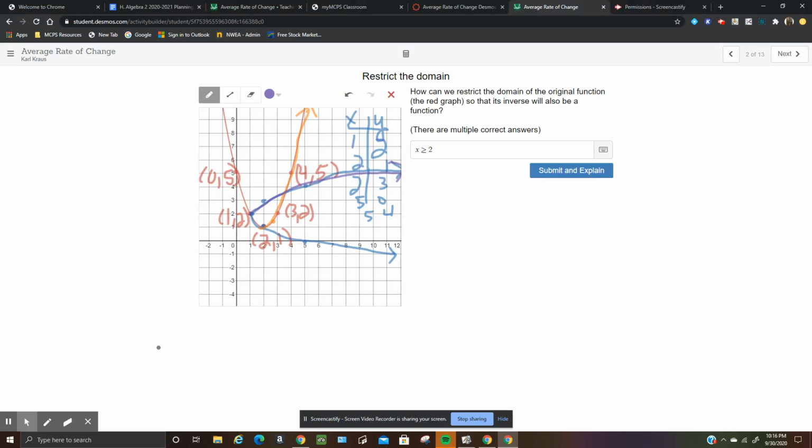If I restrict the domain over here on the right, then I get this purple branch right here, the upper one on the left.